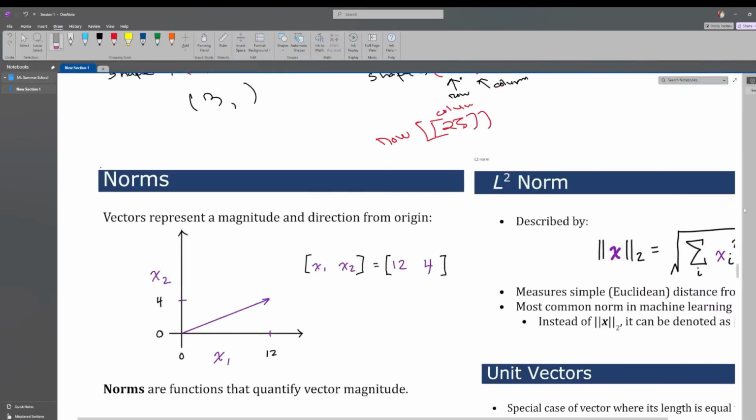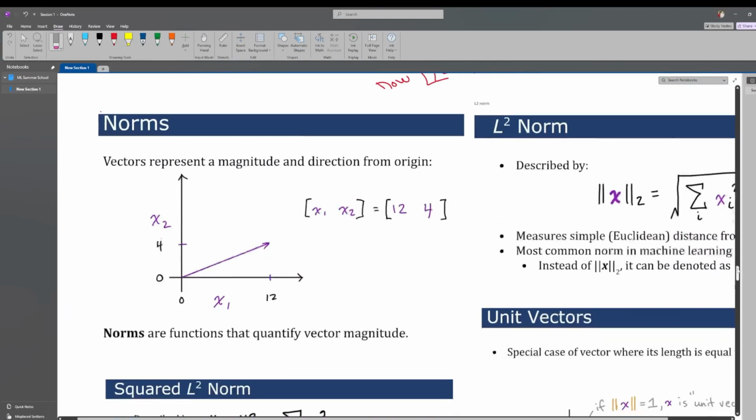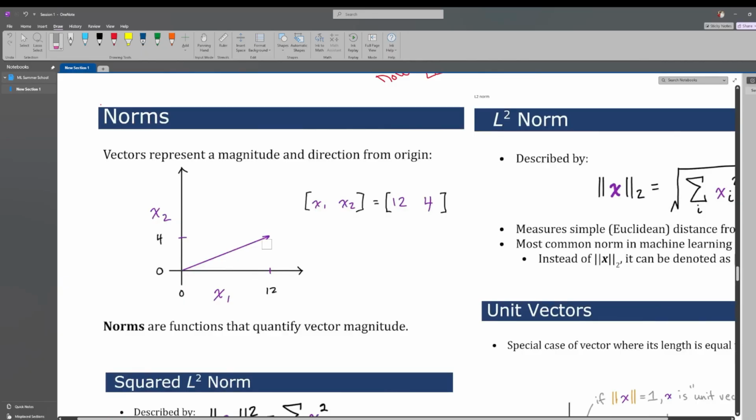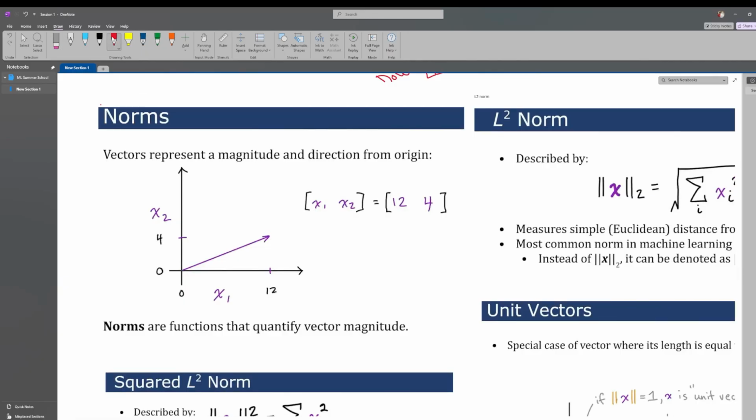Now let's talk about norms. What are norms? In this vector as a whole, we know that we went 12 units in the x1 axis and then 4 units in the x2 axis.